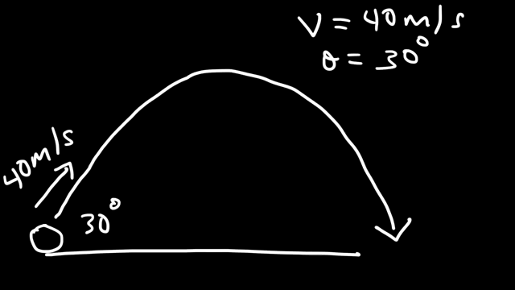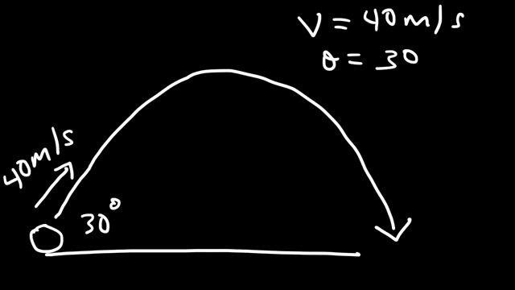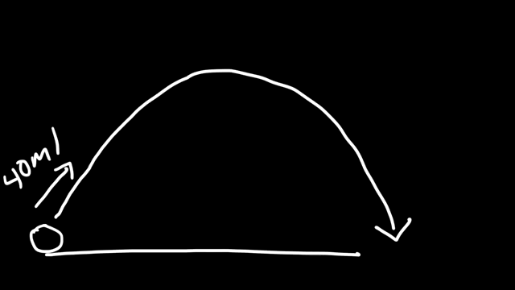Now what you need to do is find Vx and Vy. Vx is basically v cosine theta, and this is the initial value. Vy is v sine theta. For this problem, I'm going to give you Vx and Vy. So we're going to choose some different values, but in a typical problem, when you're given v and theta, you can find Vx and Vy using those formulas.